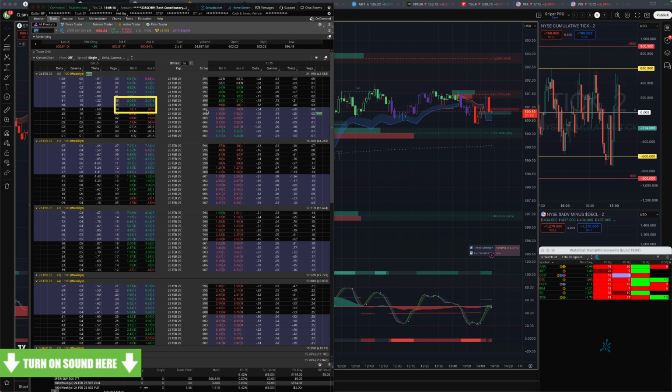So on the SPY, 601, 600, 599s. The more in the money you go, the more value that you have, but they're slightly more expensive. And the nice thing about playing the SPY to learn how to do these is you can play a SPY contract. Let's say we were going to buy calls.